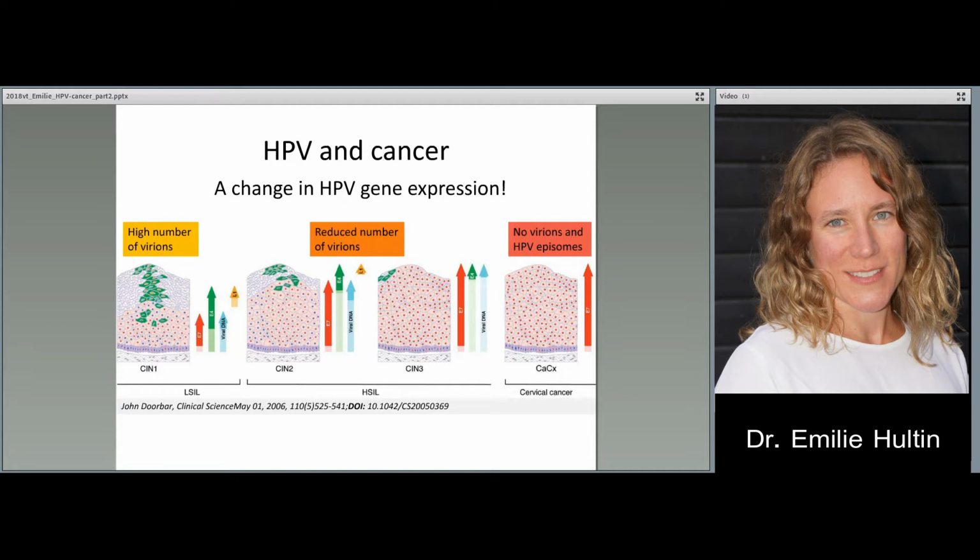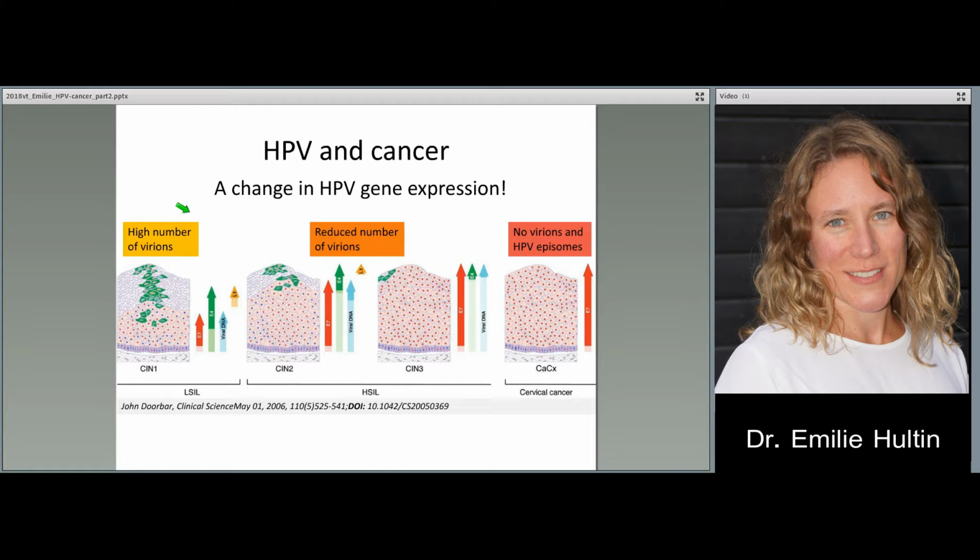So when we have an HPV infection causing cancer, we can see a change in HPV gene expression across different grades of neoplasia. In low grade neoplasia, CIN1, we have expression of both E7 and E4, as well as the late gene L1.